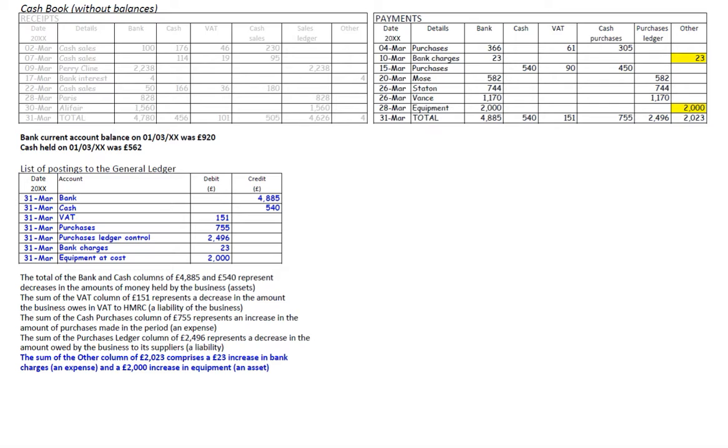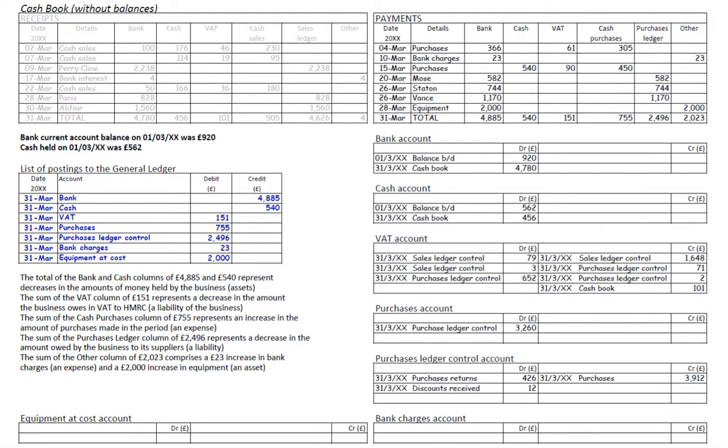Let's now transfer our postings lists into the general ledger accounts. So our credits will be recorded on the credit side of the bank account and the cash account.